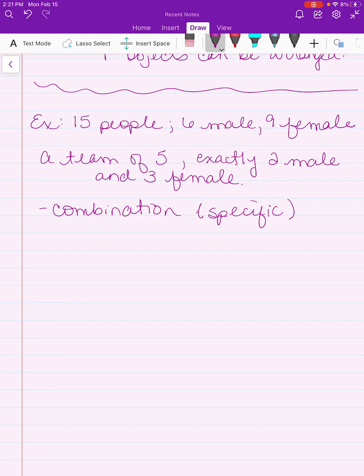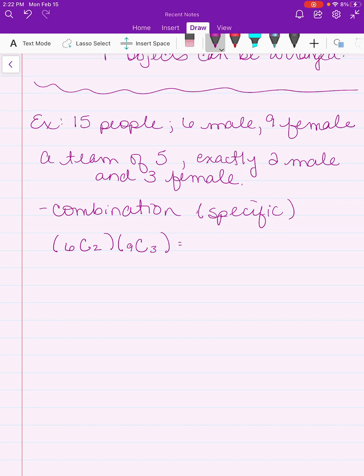So if there are 15 people, 6 are male and 9 are female, and I want 2 of them to be male, then I'm going to take my 6 males and select 2 of them. And if I have 9 females and I want exactly 3 females, then I'm going to take my 9 females, and select 3. And so in this situation, I would need to put this in parentheses in my calculator.